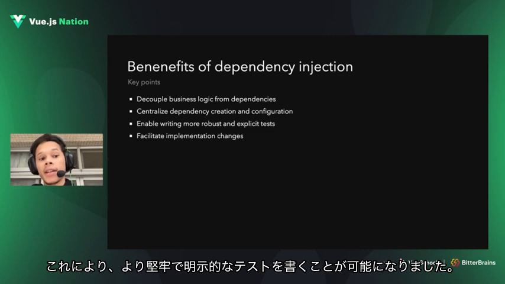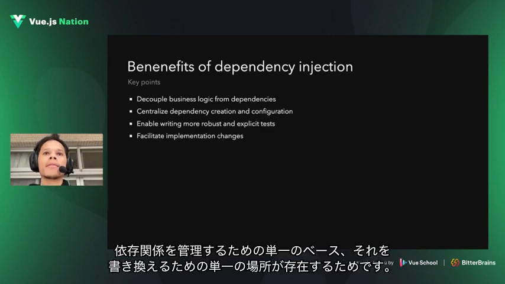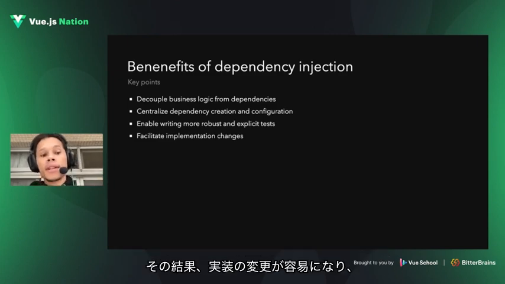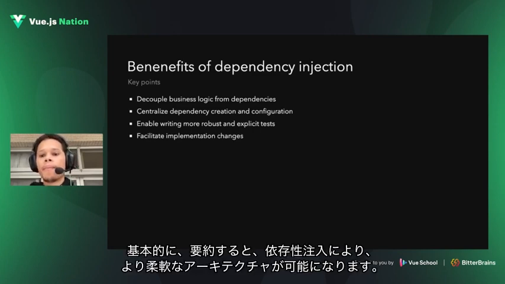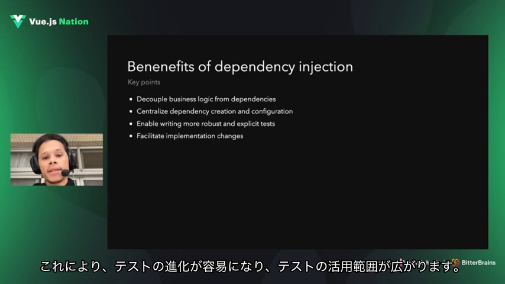And this actually enabled us to write more robust and explicit tests, because now there's a single place to manage a dependency, a single place to override it. And this in turn facilitated implementation changes. Basically, to summarize, dependency injection allows for a more flexible architecture, and this enables easier evolutions and more leverage for your tests.